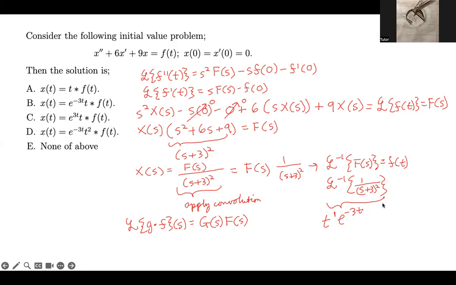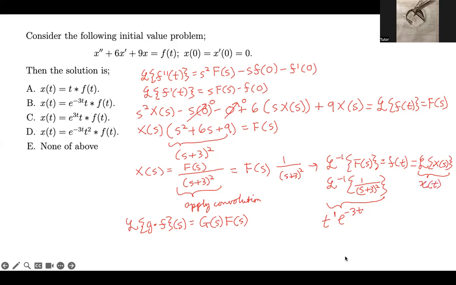And this is equal to f of t, which is equal to x of t, taking the inverse Laplace of X of s as well. Because what we do to one side, we must do to the other side. Equals inverse Laplace of X of s equals x of t.